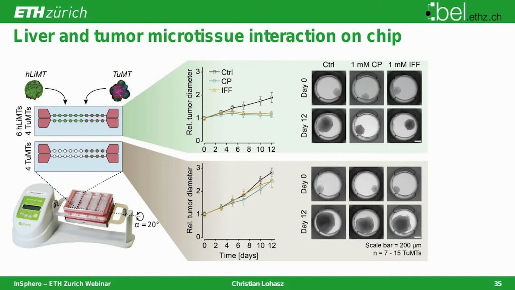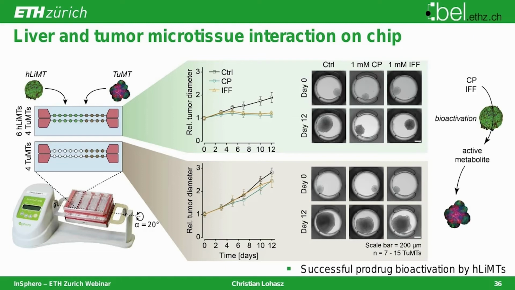And as you can see from the growth curves and also from the representative images, regardless of the presence of the two drugs, all tumor microtissues were able to grow over time. This experiment proved that cyclophosphamide and E-phosphamide require the bioactivation by liver microtissues. And after this bioactivation, the active metabolites show an effect on the tumor microtissue by reducing their growth.